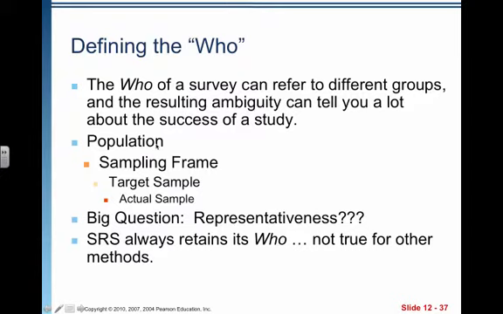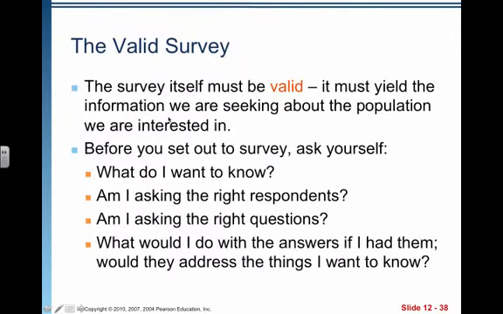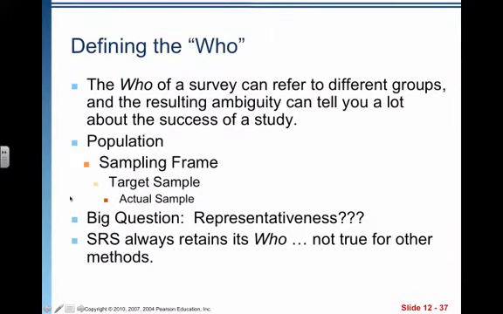Is there a difference between the population of all U.S. citizens 18 and older versus the sampling frame of voter registration rosters? Every step along the way, we have to ask that question about representativeness. The best thing about simple random sample is it retains the who all the way through, and that's not necessarily true for other methods.